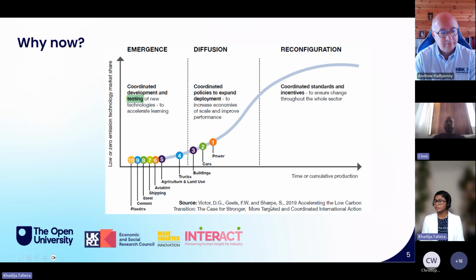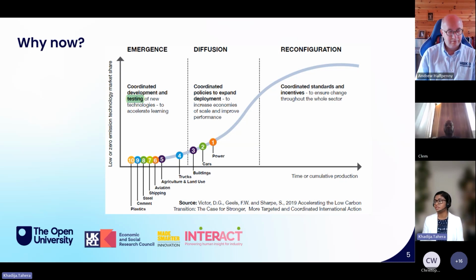What they presented here is where we are in terms of low or zero emission technology market share, and they researched the major, or I would say the core, sectors, and we can probably relate ourselves to any of these sectors, and within this sector where we are in this transition to low carbon emission.